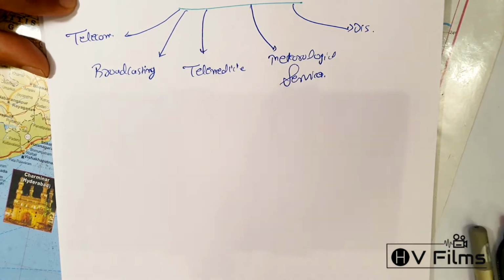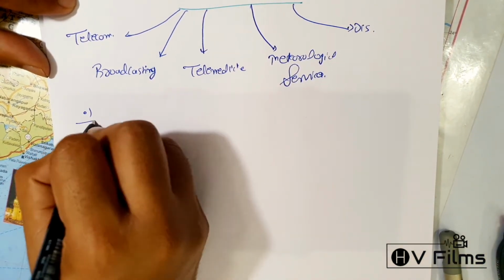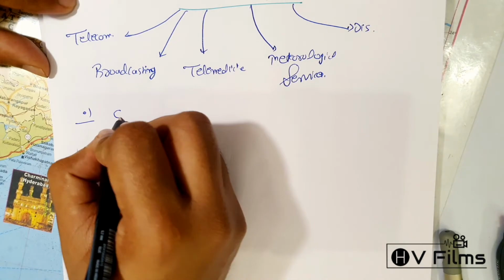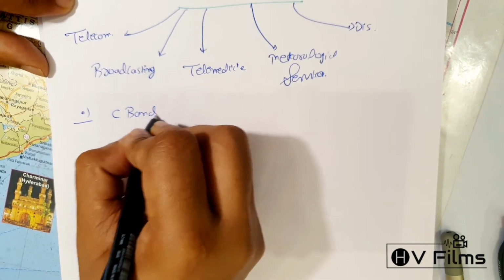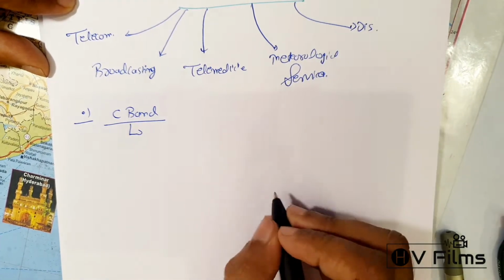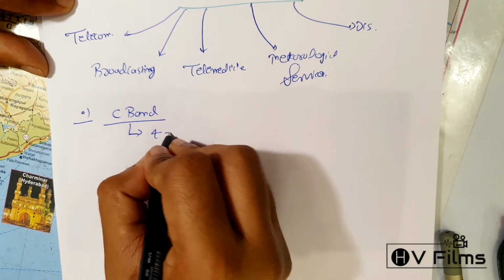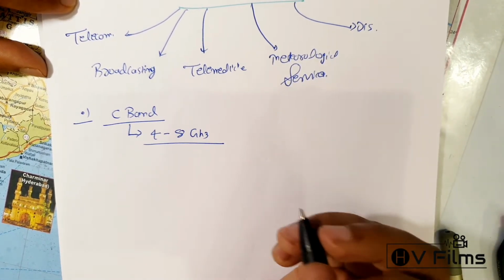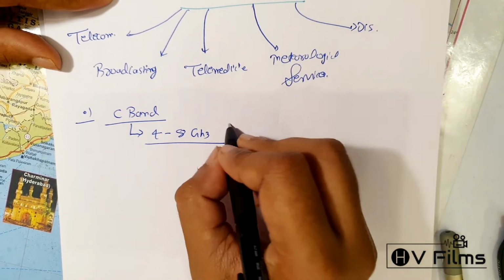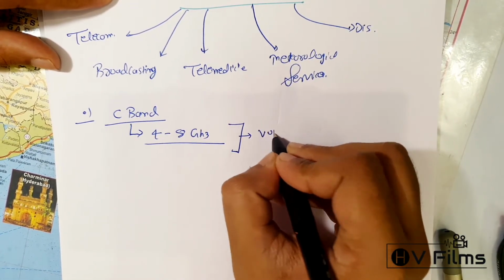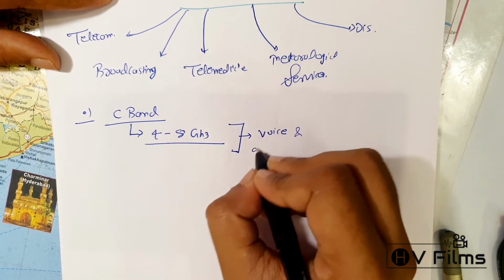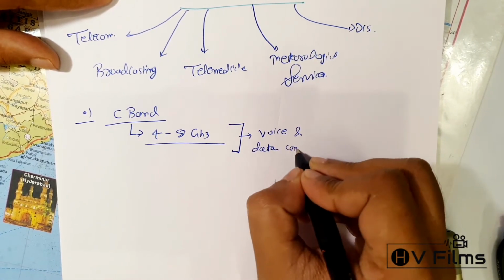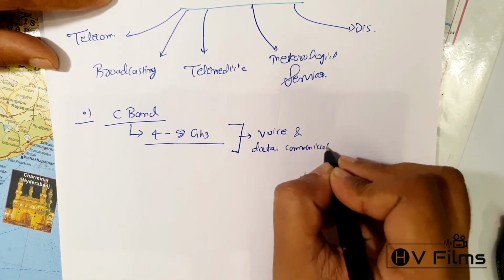So, the first one used as a radio frequency is the C band. The C band operates at 4 to 8 gigahertz, and the C band is primarily used for voice and data communication.